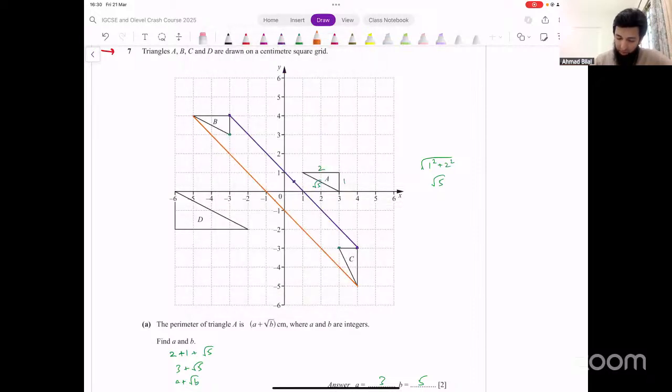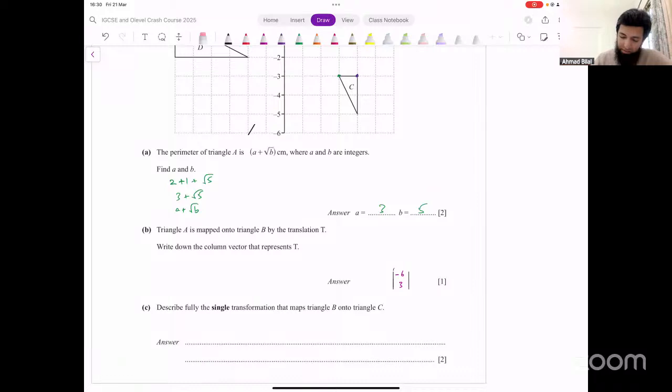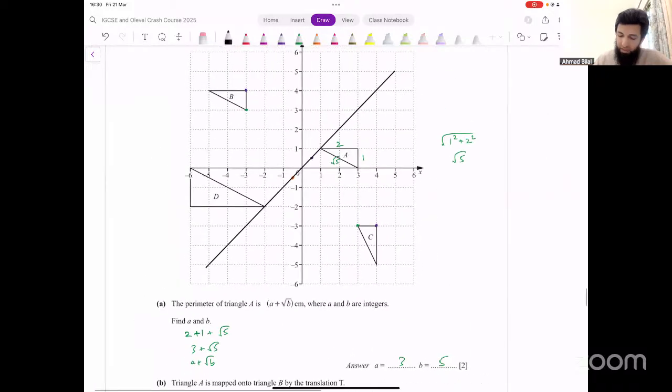This is the midpoint of the other line. You join them and you get that line of reflection. That line of reflection is going to look like this.